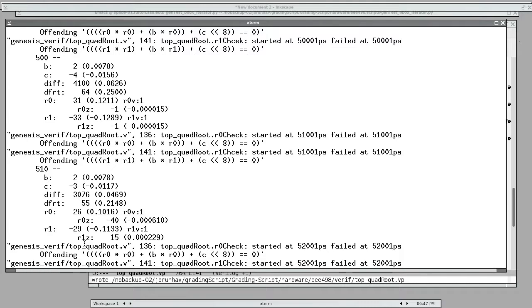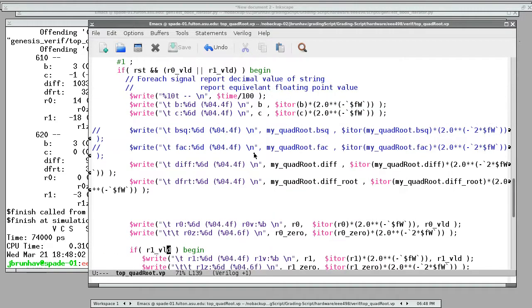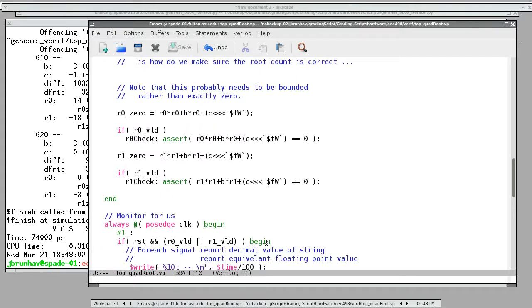Oh, I only have 8 bits of fraction. But I'm displaying a result higher. So I think what we really need to do is we need to come up here and we should just rewrite these checks. So I'm pretty sure it works now.